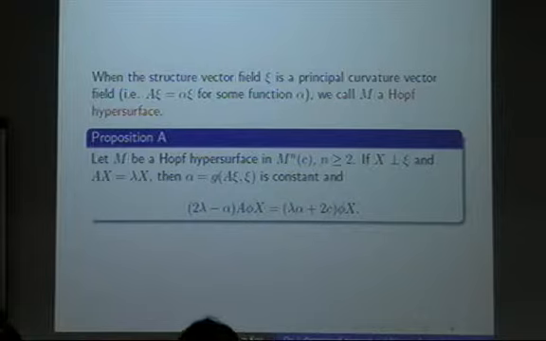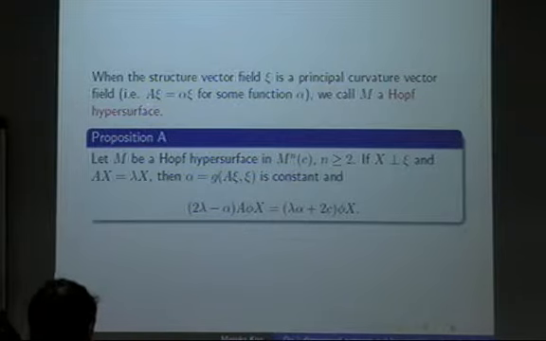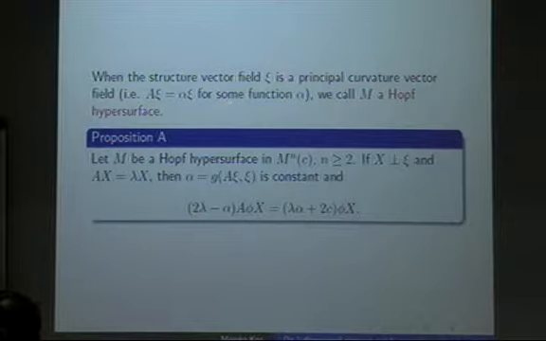When the structure vector field z is a principal curvature vector field, that is, for some function alpha, the shape operator A satisfies Az equals alpha z, then we call M a Hopf hypersurface. And if the hypersurface satisfies the Hopf condition, then we have this proposition.